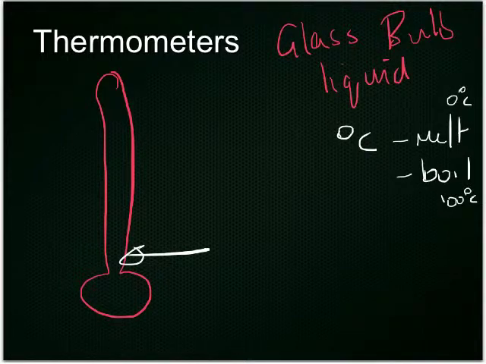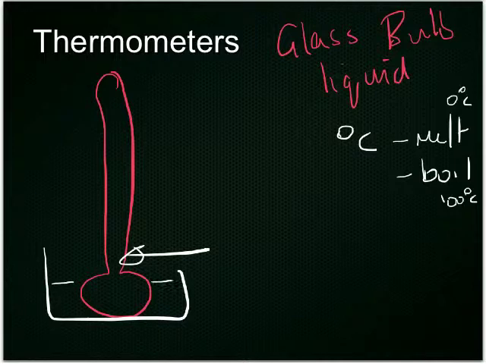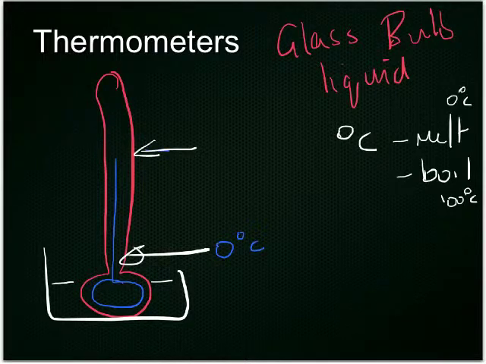Now if you put this thermometer into a bath of ice or something like that, and you melted it, then you could find where the solution ended up for 0 degrees and for 100 degrees.